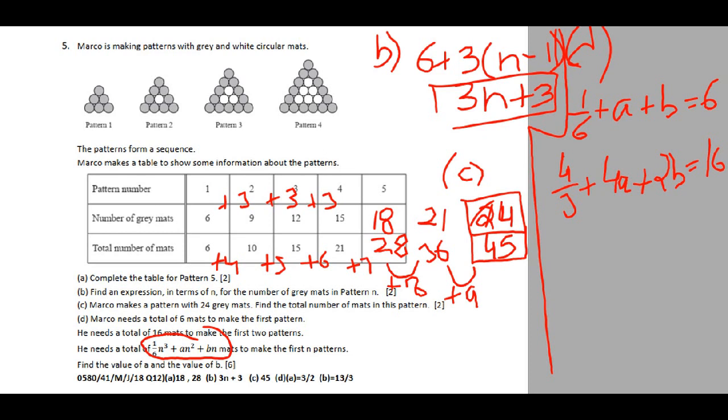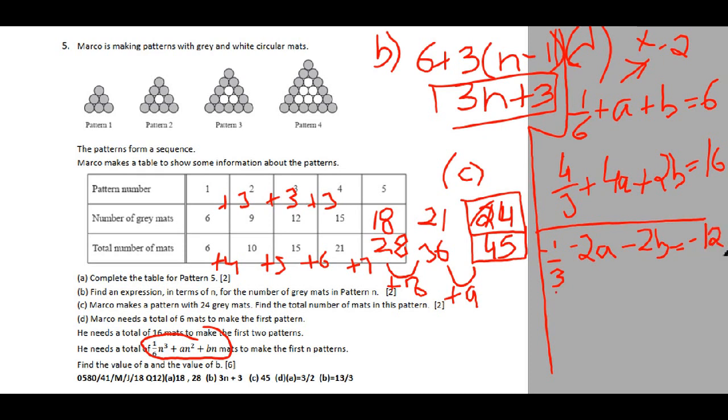Let's multiply the first equation by minus 2. So we'll get minus 1 over 3 minus 2a minus 2b is equal to minus 12.